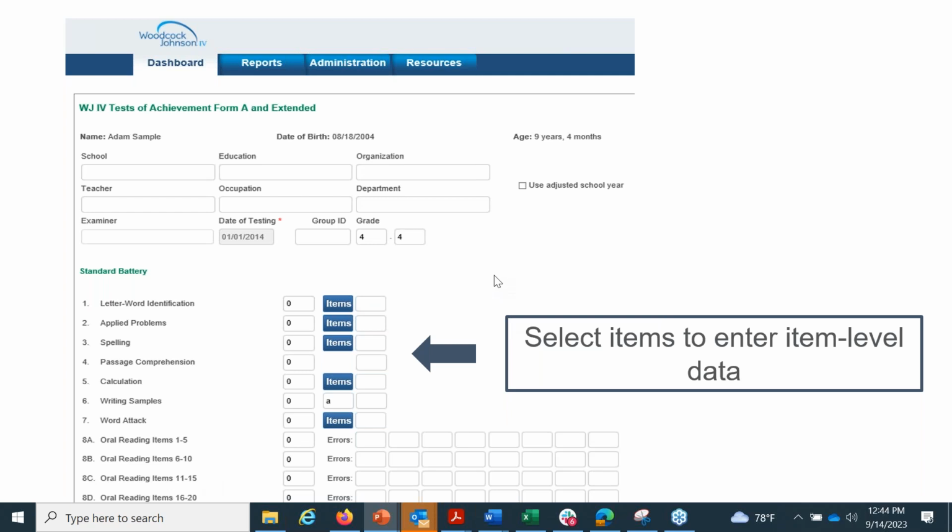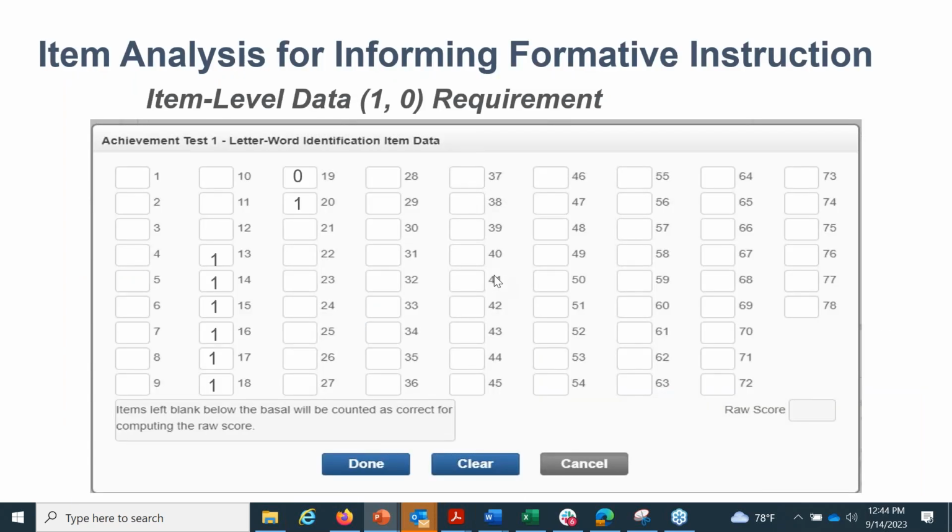When you click on that button for items, what you're going to see pop up is something like this. This is the letter word identification item data. This will pop up on your screen, and then you'll go in and put your ones and your zeros. It tells you here that items left blank below the basal will be counted as correct for computing the raw score, so it actually computes the raw score for you.